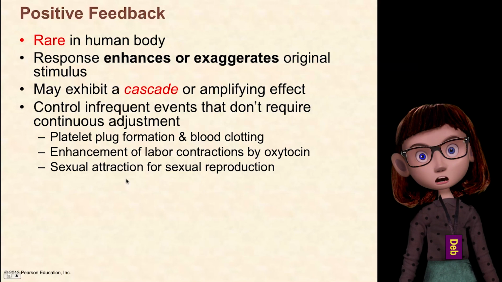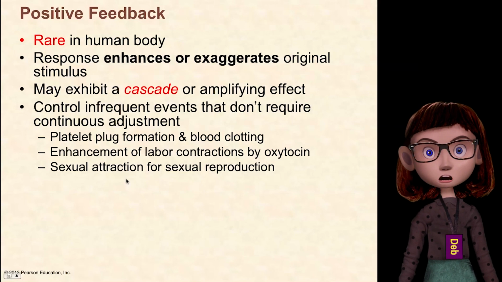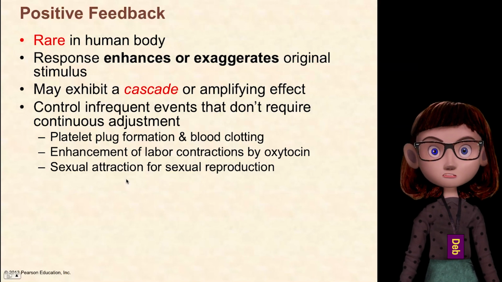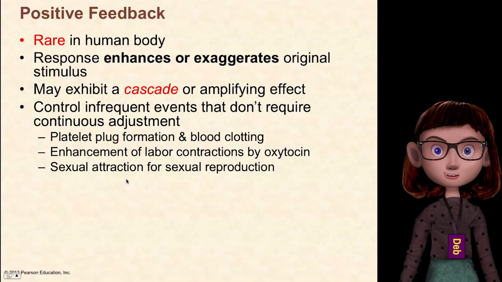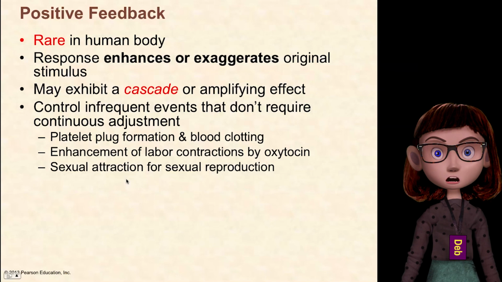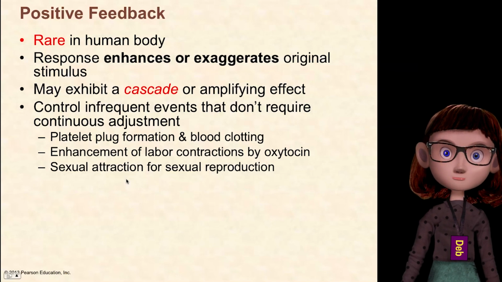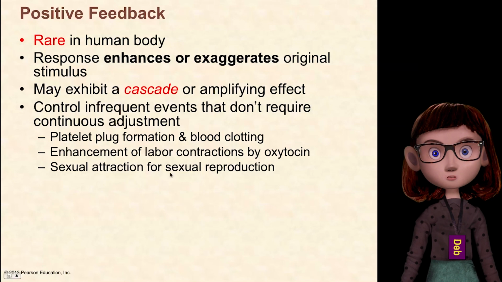So initially, when two people are attracted to one another, if that's reinforced, it will increase that response to the other person until eventually they get together and have babies.